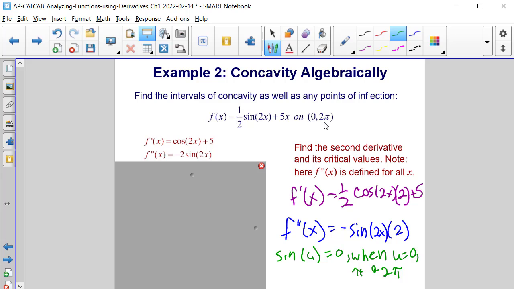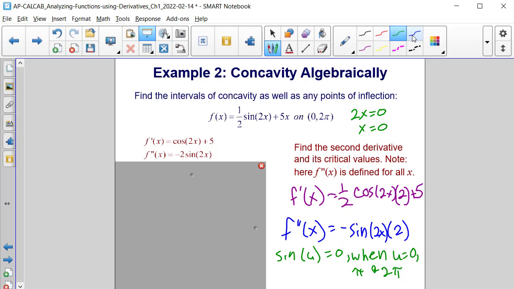Since our interval goes from 0 to 2 pi, it doesn't necessarily include the endpoints, but we do need to utilize them in order to get our intervals that we have here. So if u is equal to 0, then that means that 2x is equal to 0. So then x would be 0 there.